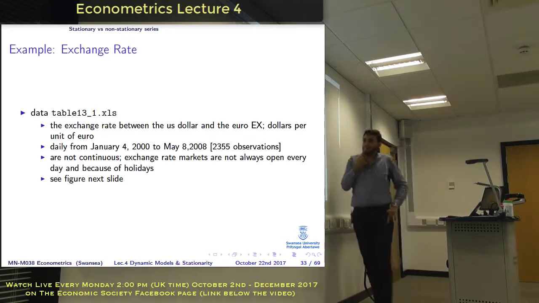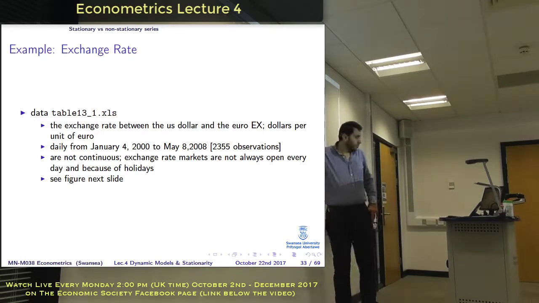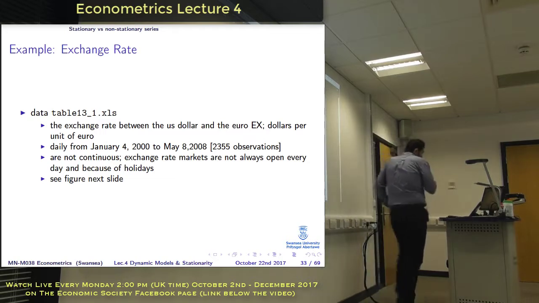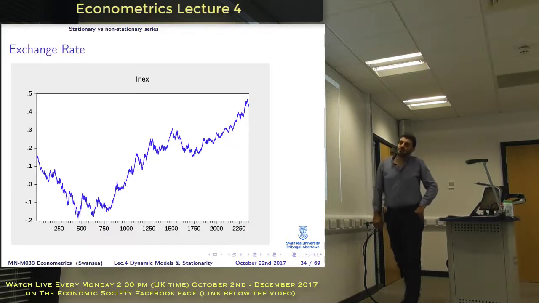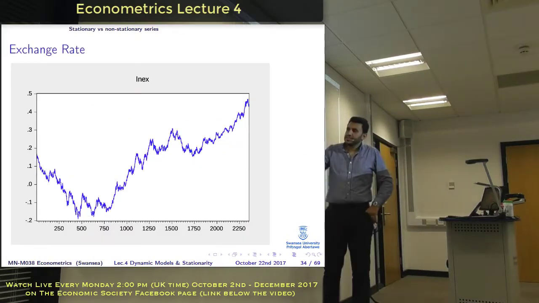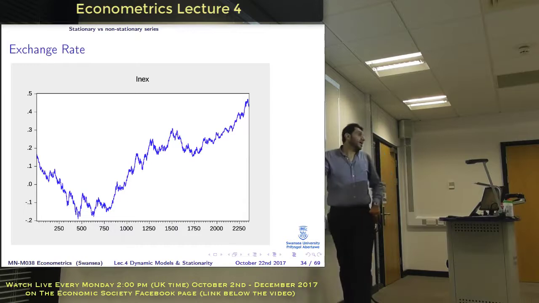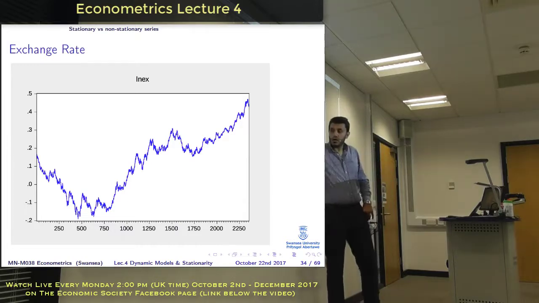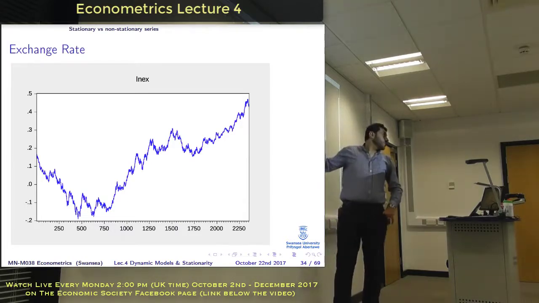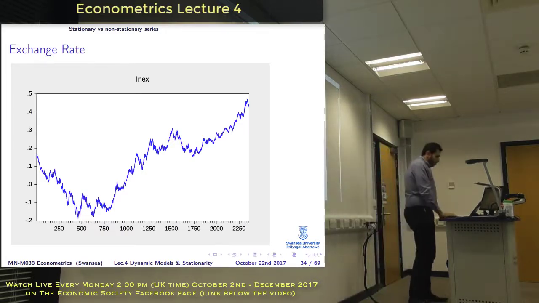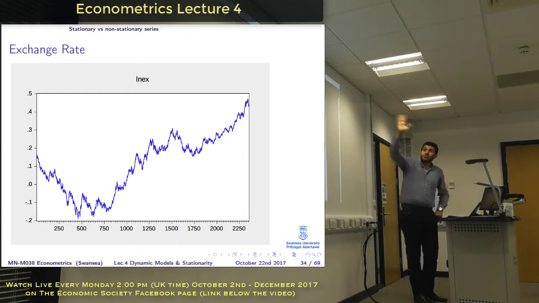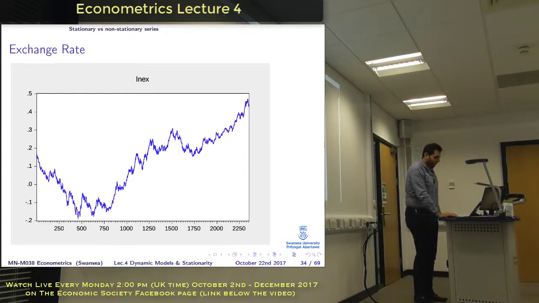It is daily data from January 4th, 2000 to May 8th, 2008. If you plot the data, that's what you see. Over time, it's not a constant mean or variance at all. Instead it has a trend going upward over time.